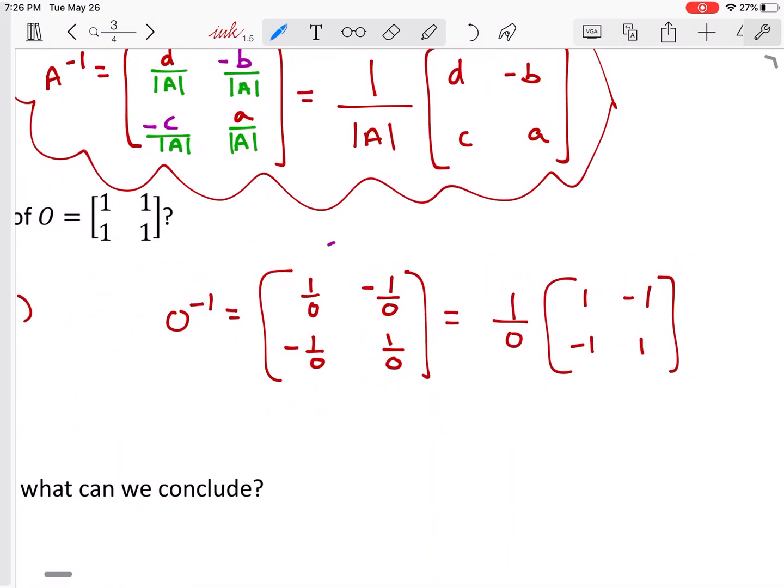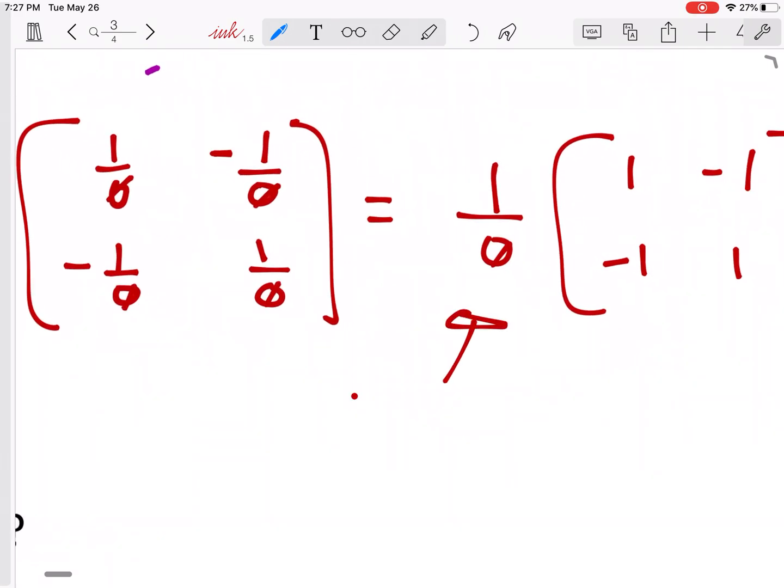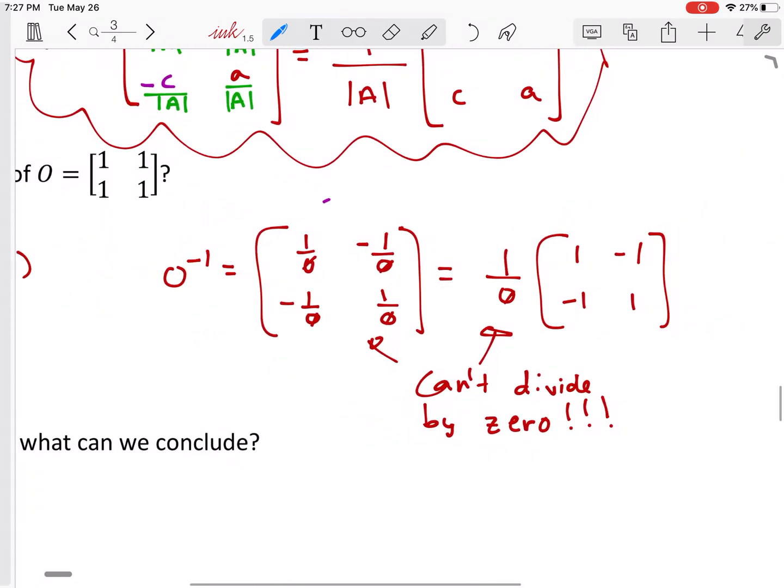What do we notice here? What goes on with all of these divisions by 0? Well, we can't divide by 0. We know that's impossible. Remember, that gave us asymptotes.